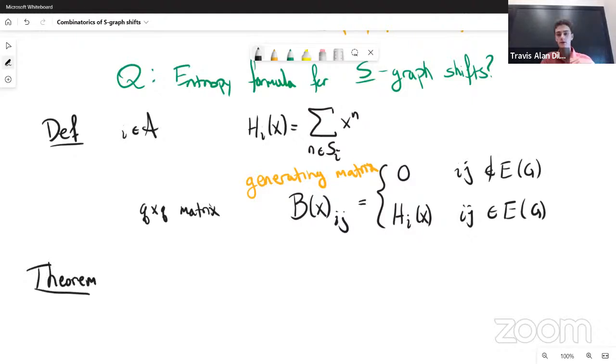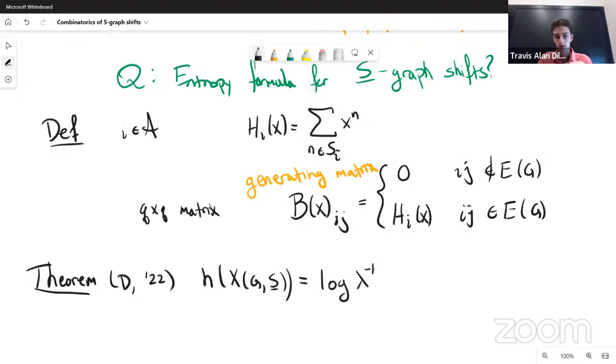As a good example of this, I'll state the entropy theorem for S-graph shifts. This is a paper that was just published earlier this year. So the entropy of the S-graph shift with graph G and sets S is log of lambda inverse, which is exactly how the theorem for S-gap shifts started. And then I need to tell you how to find lambda.